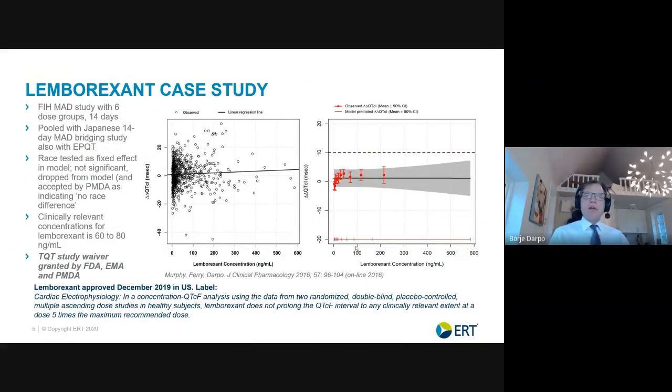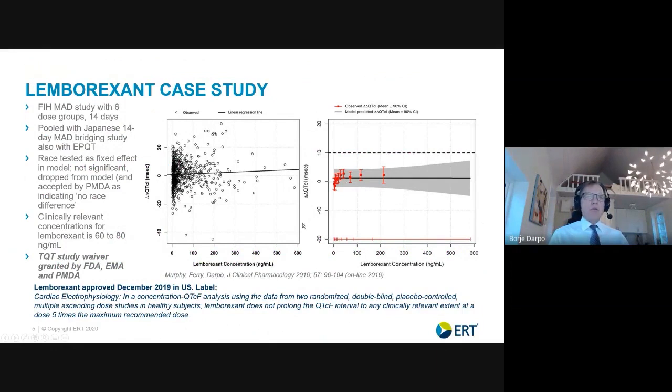And by looking at the gray shaded area, the 90% confidence interval, we can also see that the predicted effect will be nowhere close to the 10 millisecond threshold. Now, importantly, clinically relevant plasma concentration for LEMBOREXANT is around 40 to 60 nanograms per mil. So we are 4 to 5-fold above what you will see in patients, including patients with impaired clearance.